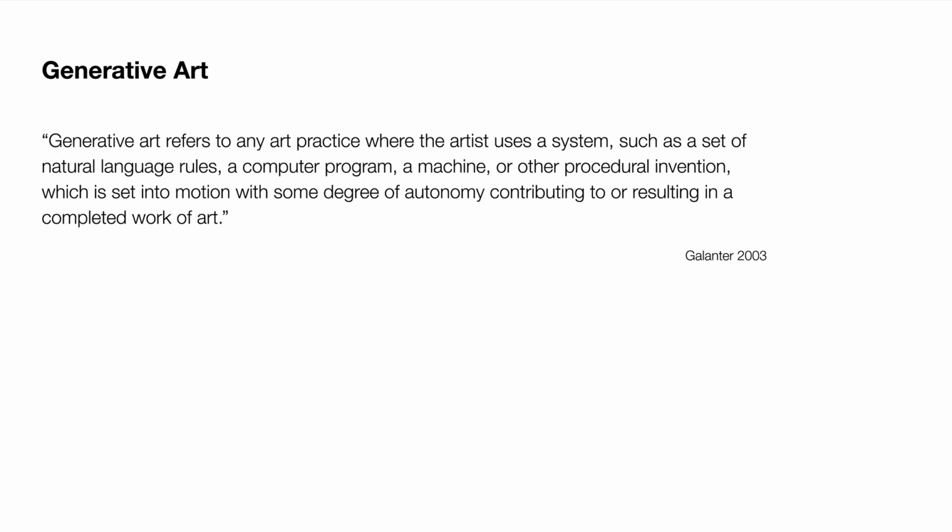Here's one from 2003. Generative art refers to any art practice where the artist uses a system, such as a set of natural language rules, a computer program, a machine, or other procedural invention, which is set into motion with some degree of autonomy, contributing to or resulting in a completed work of art.